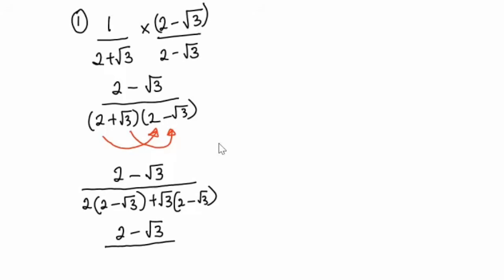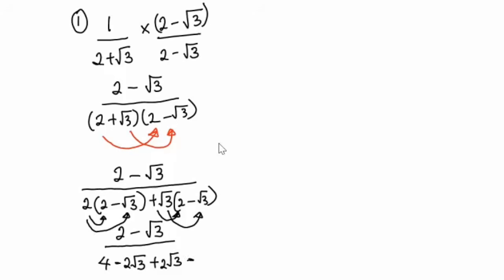Now 2 times 2 will give us 4. Then 2 times minus root 3 will give us minus 2 root 3, because 2 is a whole number, so it stays outside. Then root 3 times 2 will give us 2 root 3. Then I'm also going to multiply root 3 times minus root 3.